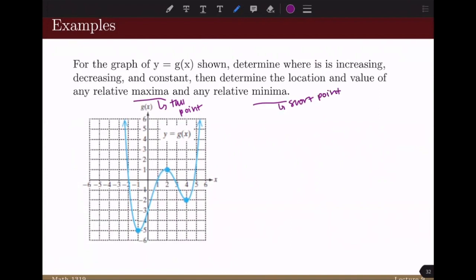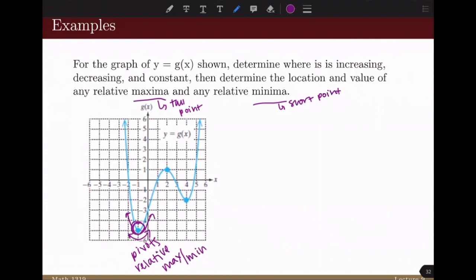when we're looking at this graph, we can see here that this is a point where the graph pivots. Any pivot point is always either going to be a relative max or min. It's going to be one or the other. So if we're looking at this pivot point in particular, we can see that all of the values are greater in the vertical direction.